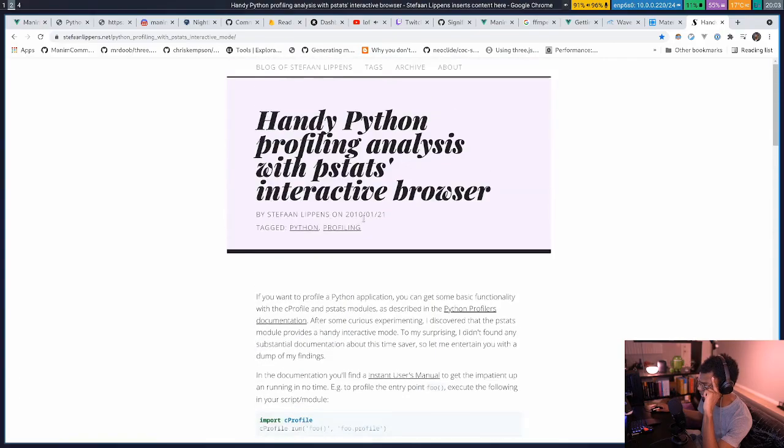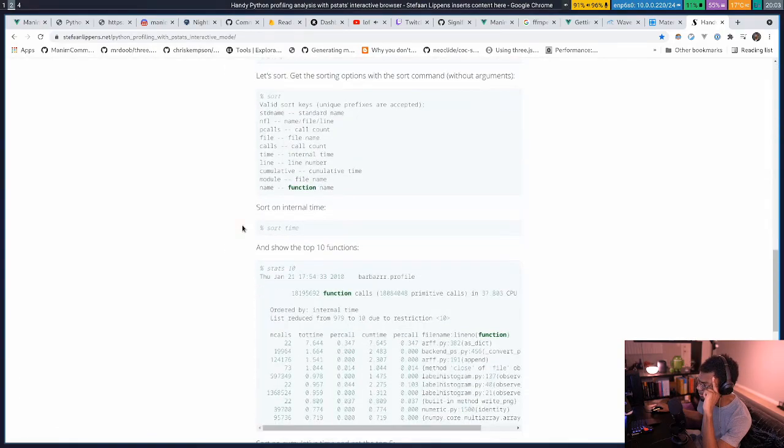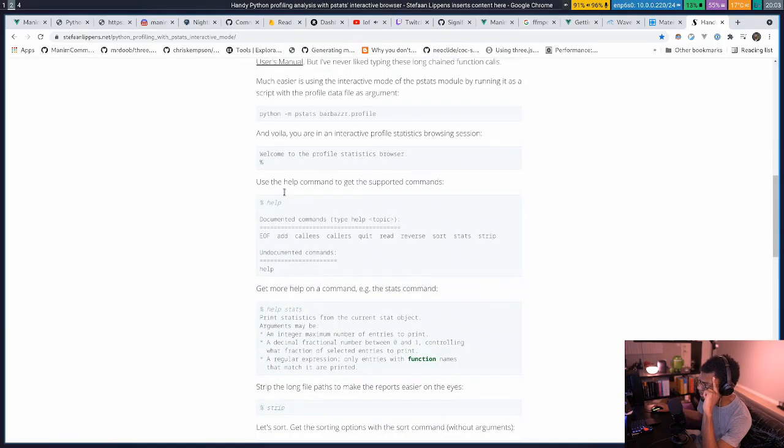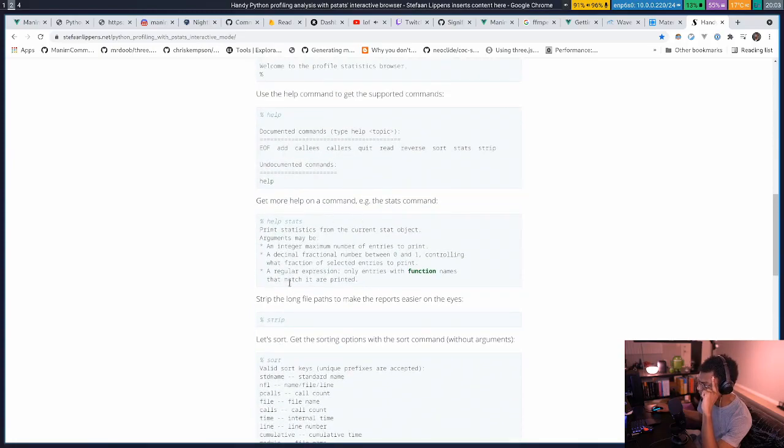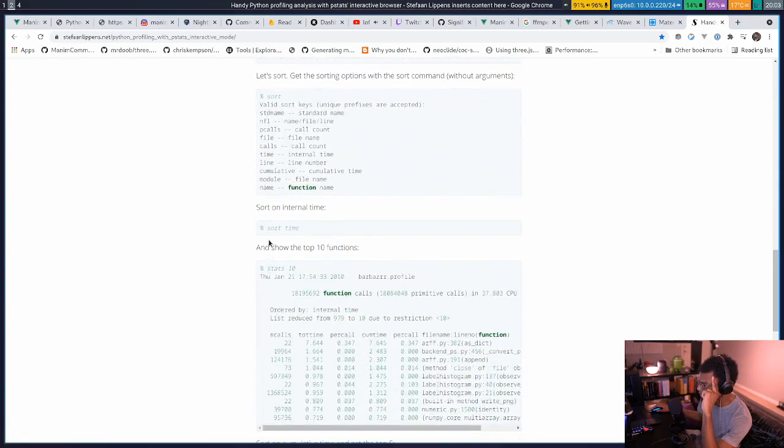I guess you can do individual functions too. So you do Python -m pstats on that, and then probably sort. Wait, not that. Sort cumulative, then stats 10 or something like that.